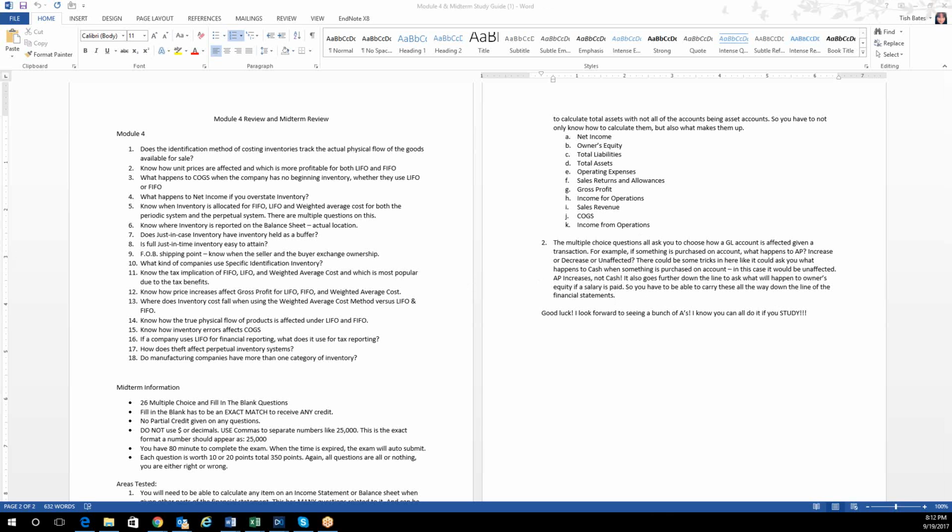Nothing happens to cash when a customer purchases something on account. So when you make a sale and it's on account, which account does it go to?